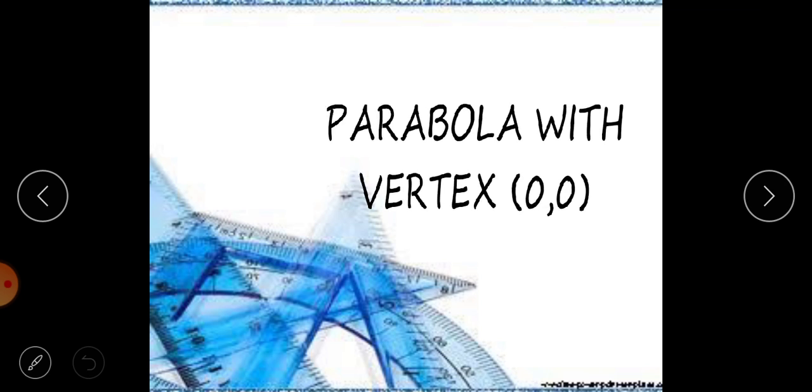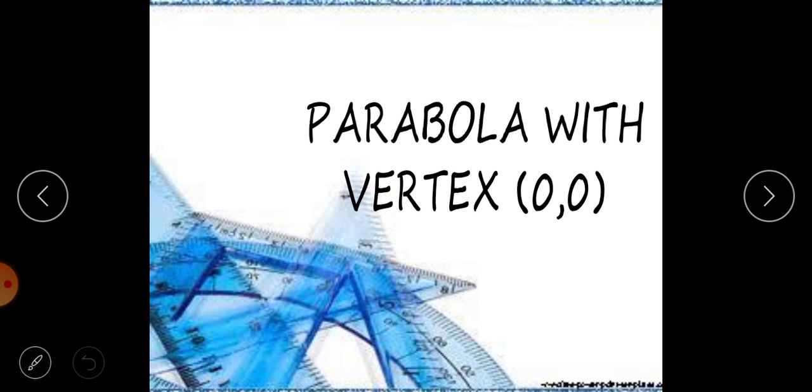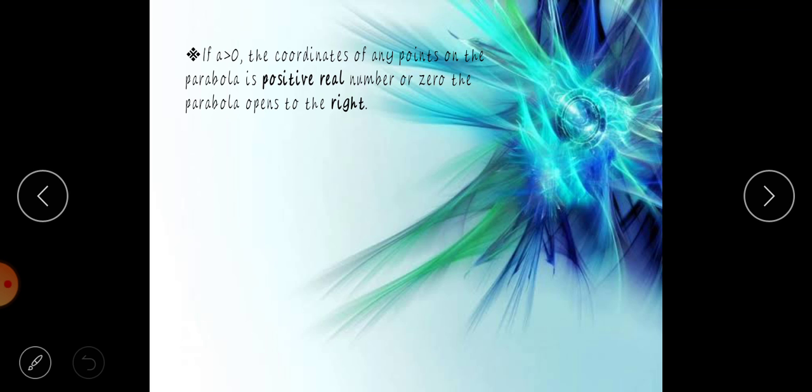Okay, so now let's move on to parabola with vertex at 0, 0. So if a is greater than 0, the coordinates of any points in the parabola are positive real numbers or 0, the parabola opens to the right.